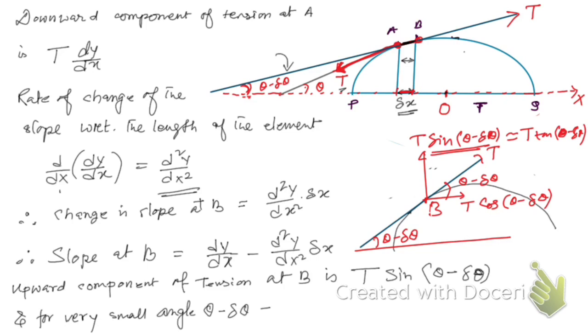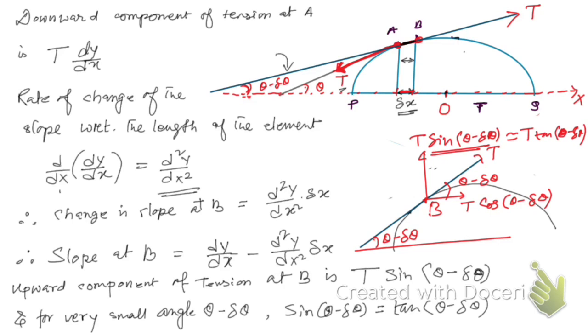So for this small angle, sine of theta minus delta theta is approximately equal to tan of theta minus delta theta, right? So that's why this upward component can be written as T tan of theta minus delta theta.